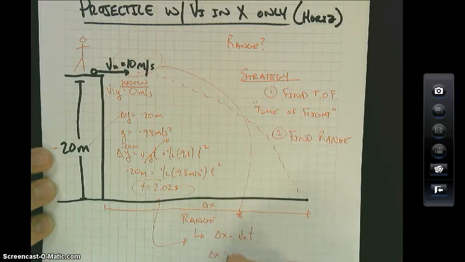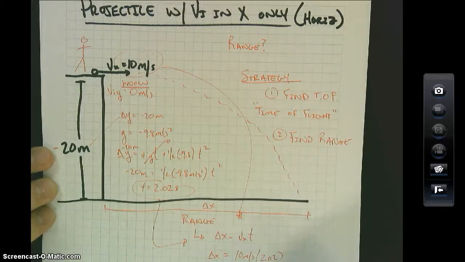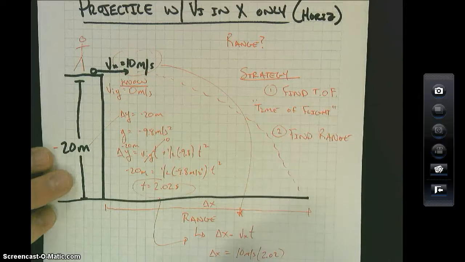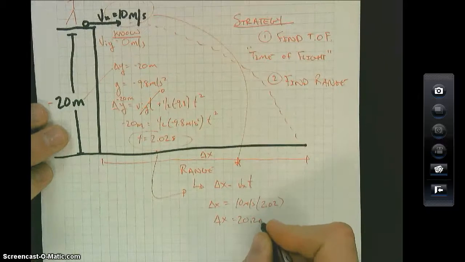Delta x is going to be equal to my velocity in the x, 10 meters per second, times my time, which we just found in the y, but again, time is the same in the y and the x, times 2.02. So 10 times 2.02 gives me 20.2 meters.